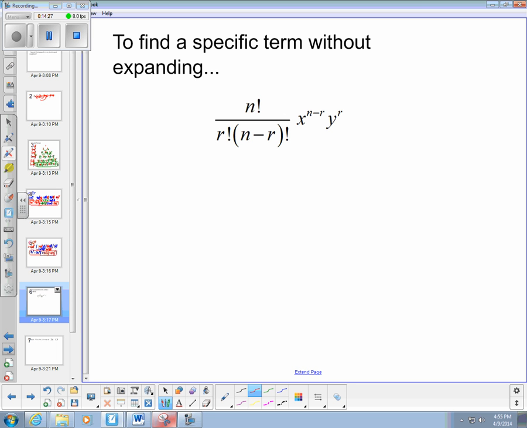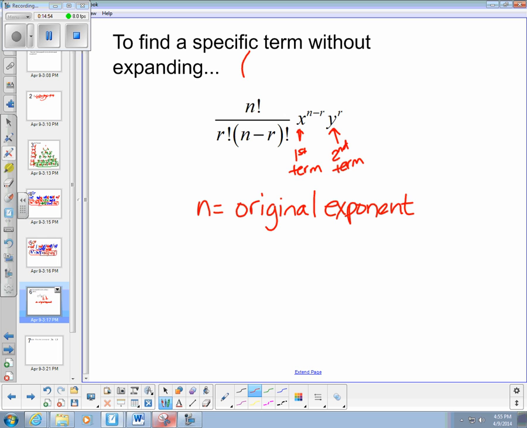Now, x and y just refer to the first term of your binomial, and y is the 2nd term of your binomial. So it won't always be x and y, just like in the parentheses when we had to put the 2x or the 3y cubed. Okay, n is your original exponent on your binomial, because we're working with binomials in the form x plus y to the n.